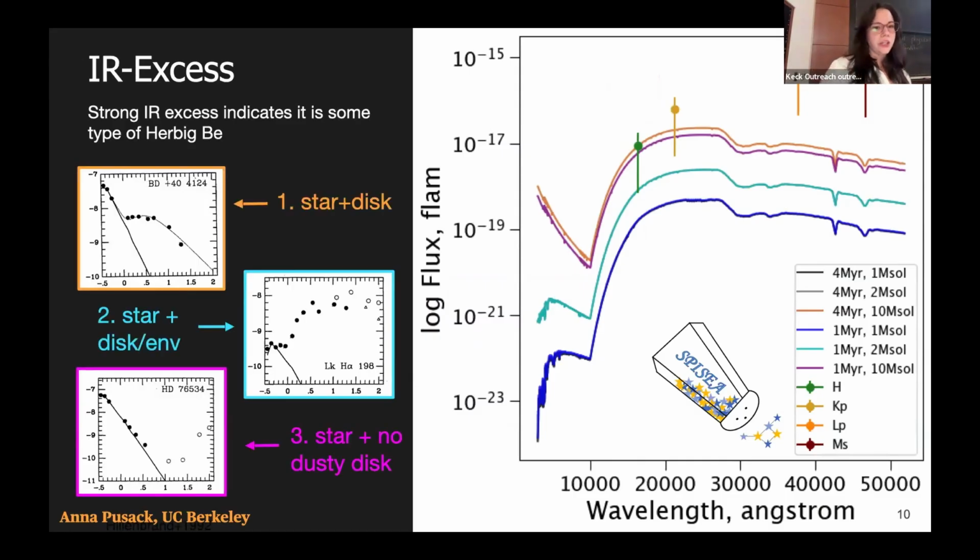This, if you look in the literature, is consistent with work by Lynne Hillenbrand on Herbig Be stars, intermediate mass young stellar objects. And we would need quite a few more different bands, mid to far infrared, to do a comprehensive disk model, but it is there. We are leaning more towards a star plus disk with this flattening off on the side off of our spectra.